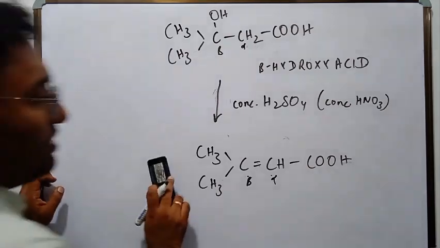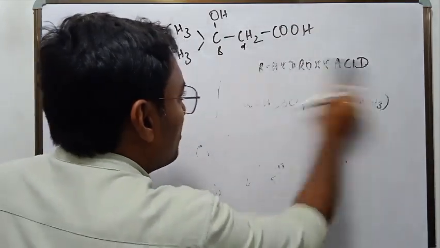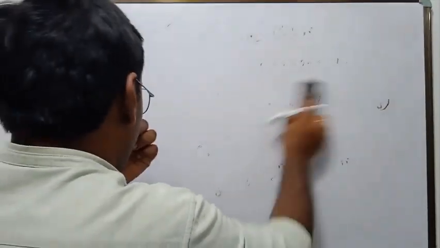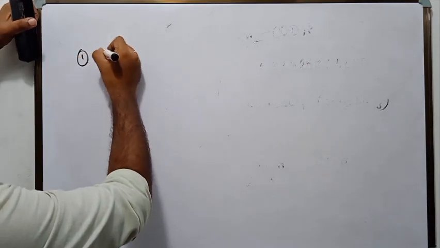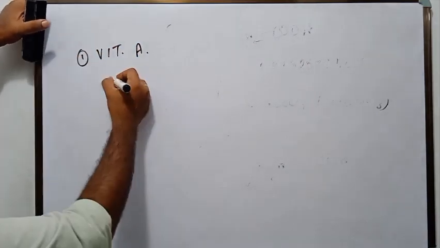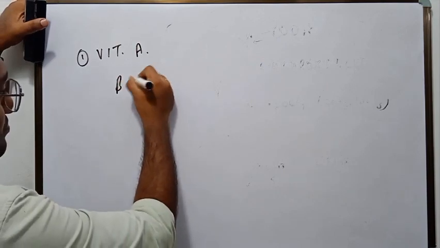Let us learn other significance of the Reformatsky reaction. Number one, you can prepare vitamin A using the Reformatsky reaction. Starting product is beta ionone.